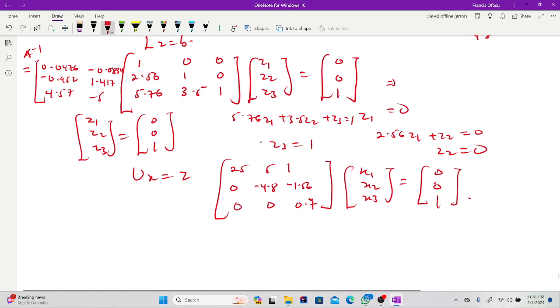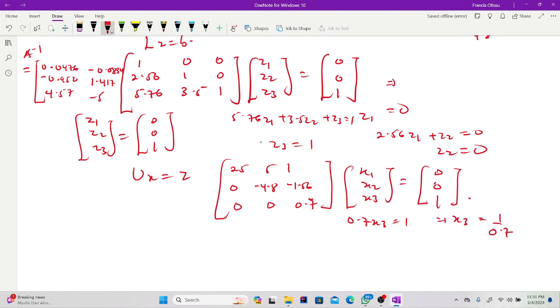So here I simply get 0.7x3 is equal to 1. Our x3 is equal to 1 over 0.7. So what is 1 over 0.7? So 1 over 0.7 is giving us 1.429. That is for x3.